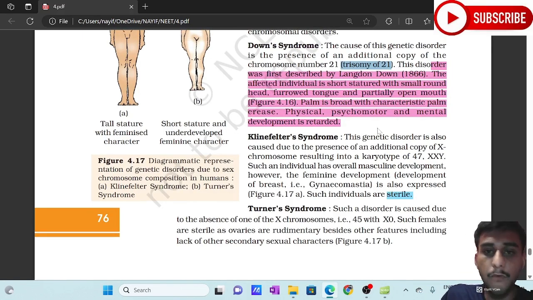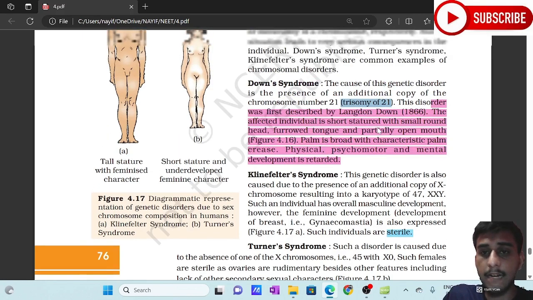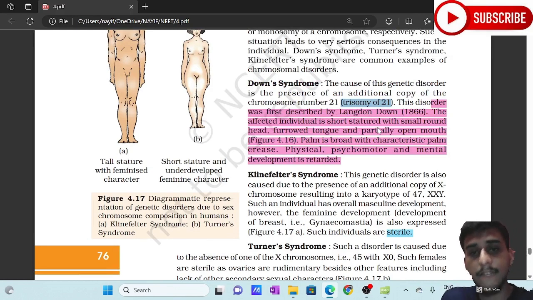The human being will have a small round head with a furrowed tongue and a partially open mouth. The palm is broad with a characteristic palm crease. Physical, psychomotor and mental development is retarded because of the presence of an extra copy of the 21st chromosome. These are the conditions for Down syndrome.